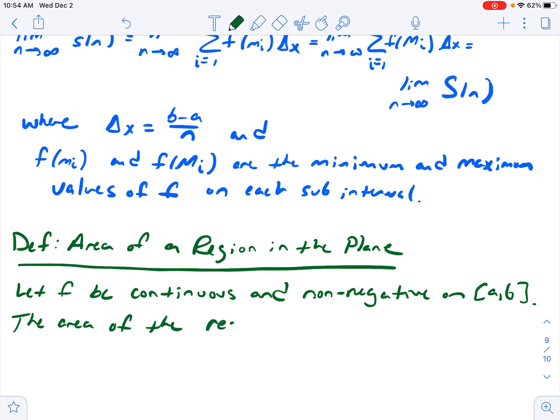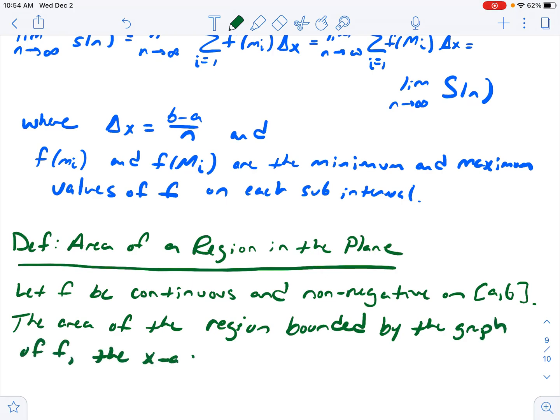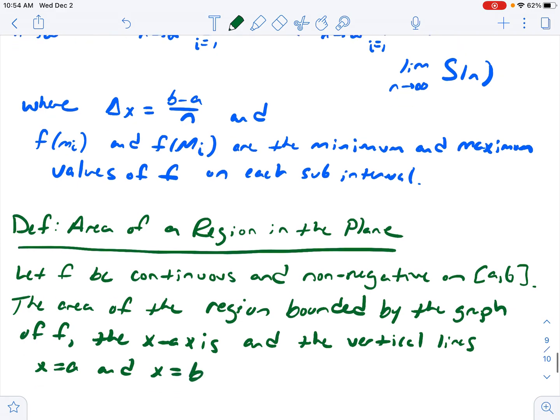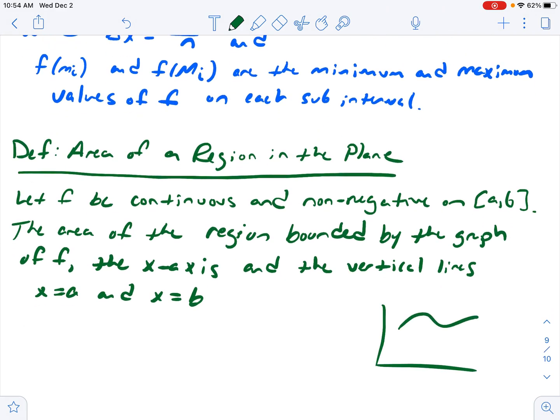The area of the region bounded, enclosed, by the graph of f, the x-axis, and the vertical lines x equals a and x equals b.